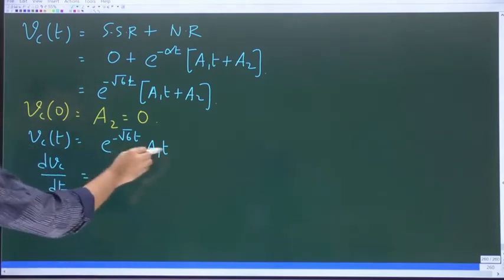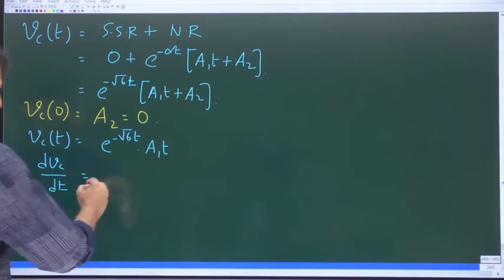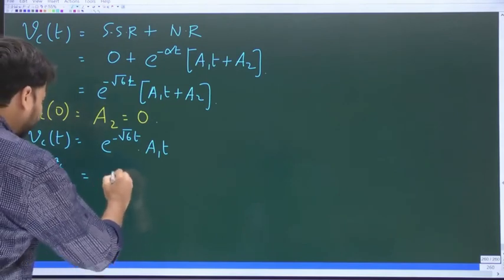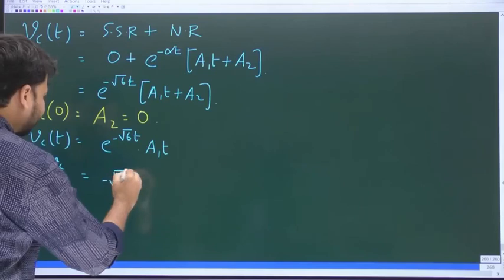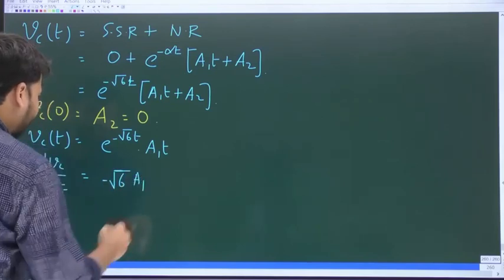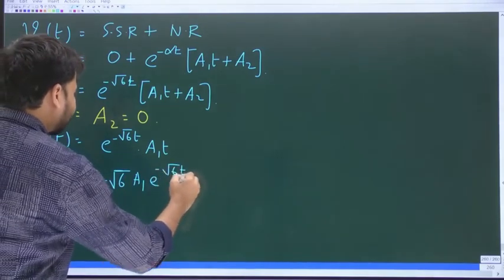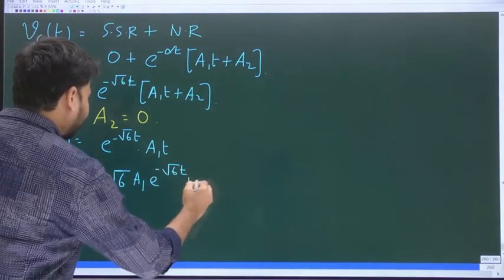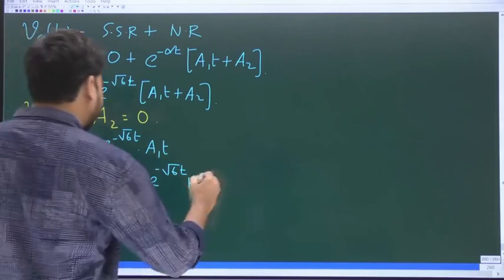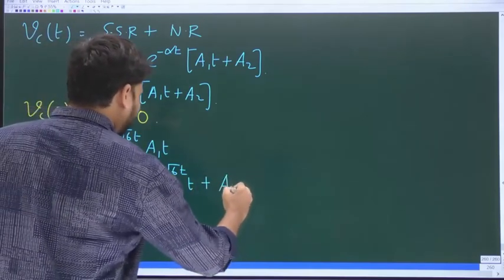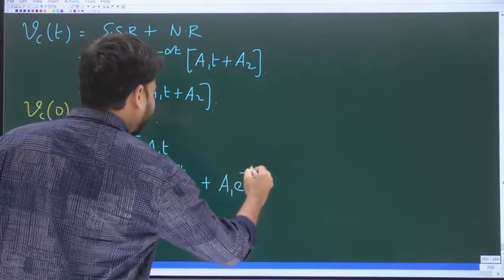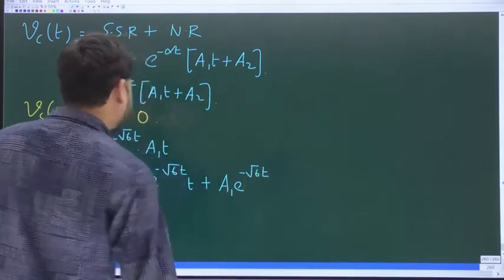What is the derivative of this with respect to time? Would it not be minus root 6 a1 e power minus root 6t times t plus a1 e power minus root 6t?